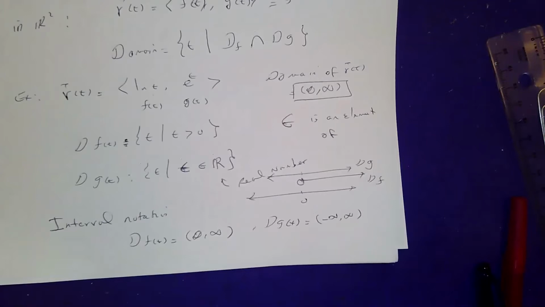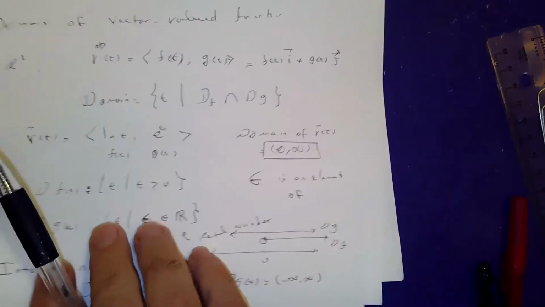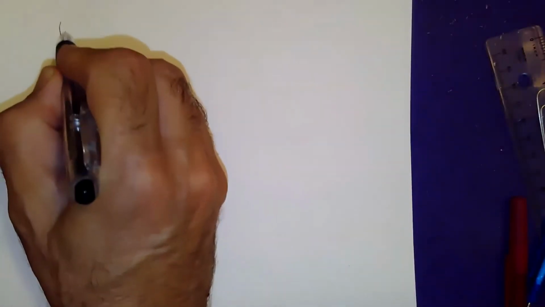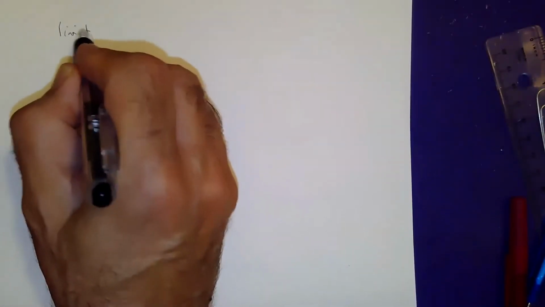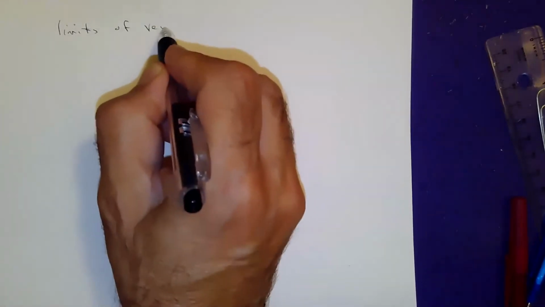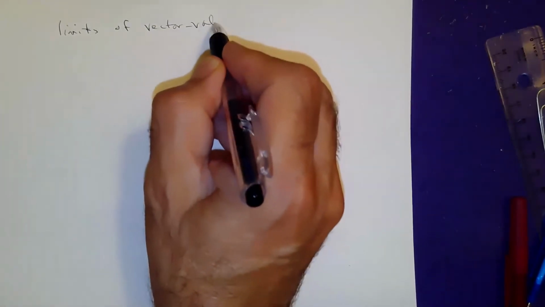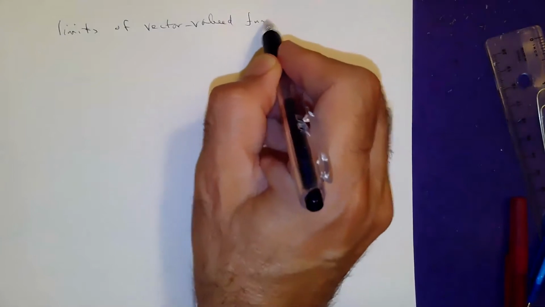The reason I'm trying to wave my hand on that part is because, before we run out of time, like we got 5-10 more minutes left, I'd like to show you how to find limits of vector valued functions.